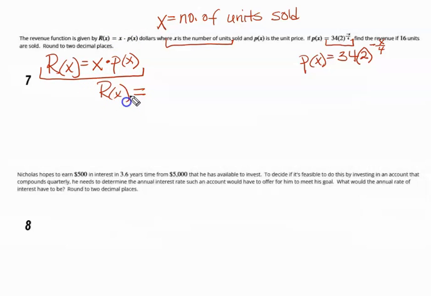R of X. Now our X value, they say, is 16 units. So that's 16 times what we have here, 34 times 2. That's right from here. But now we have a value for X. This is going to be a negative 16, which is our X value here, divided by 4.